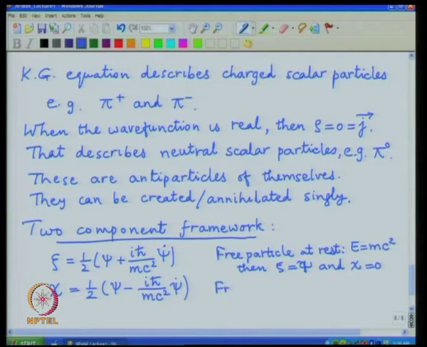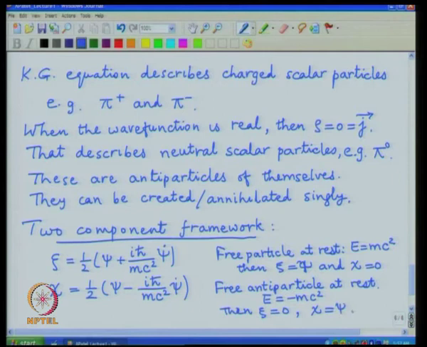And if I have a free antiparticle at rest, then E is equal to minus mc square, and then we have zeta equal to 0 and chi is equal to psi.